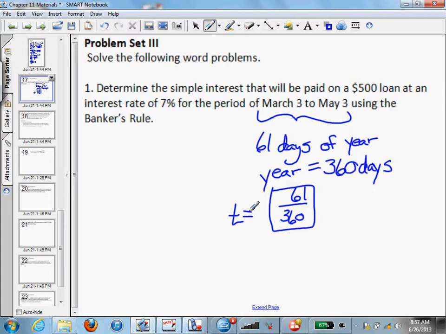So there's our time. Now we look at our principal, which is the amount that's going to be paid on the loan, $500. And now we have the rate, 7%, which as a decimal becomes 0.07.